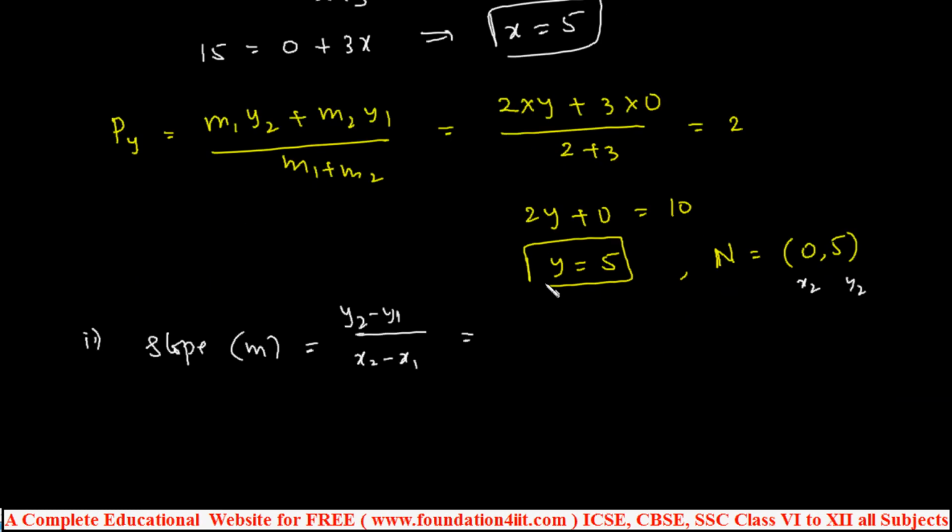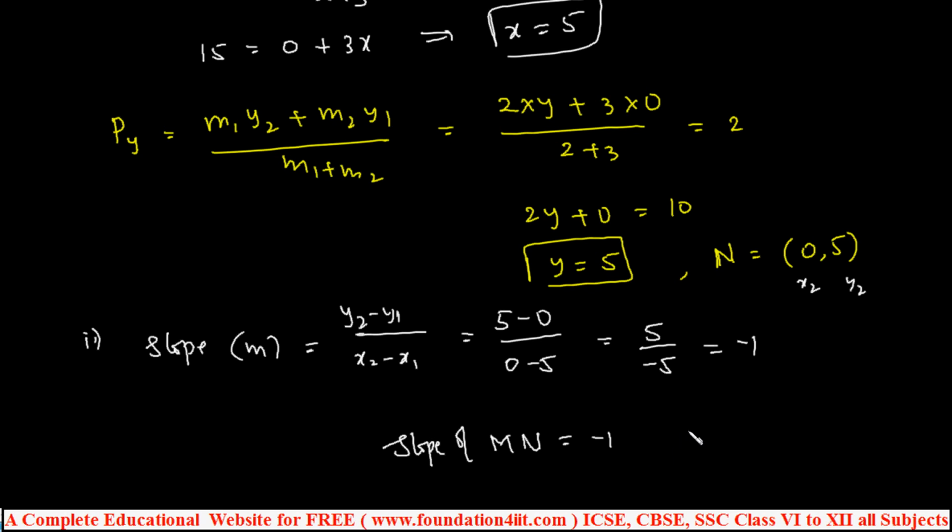So 5 minus 0 by 0 minus 5. 5 minus 0 is 5, this is minus 5, so minus 1. Then the slope of MN is equal to minus 1. We can find this out just using the formula here.